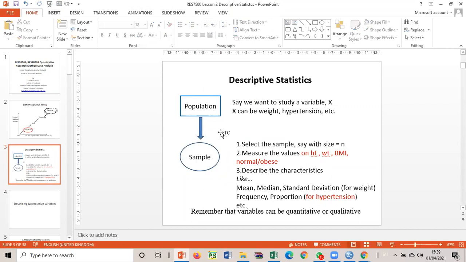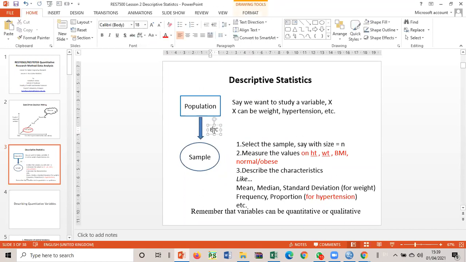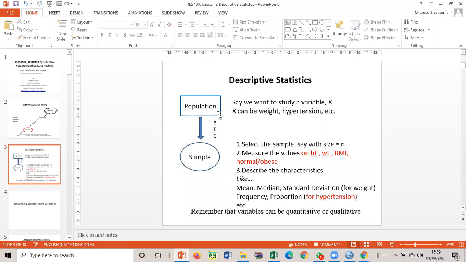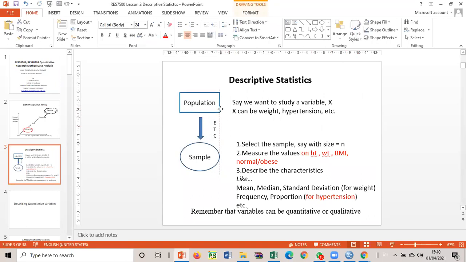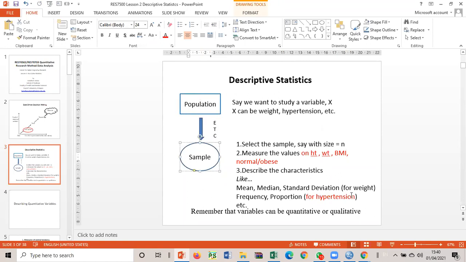We call it ETC. Remember the last class we called ETC? What's ETC? Energy, time, and cost. It takes a long time. We are not able to study the entire population. Then what do you do? We take a sample. Right. Let's say we take 100 students.